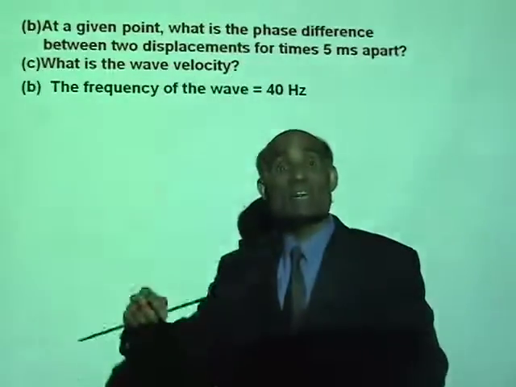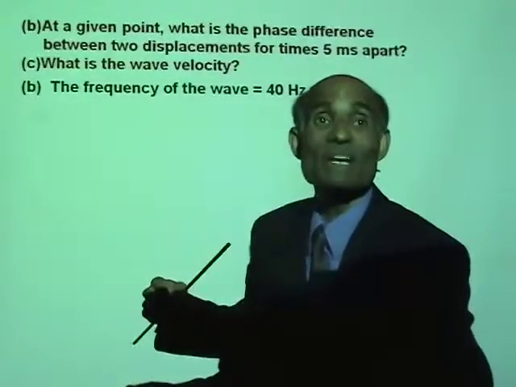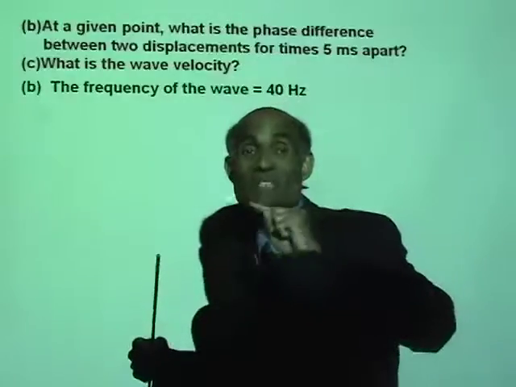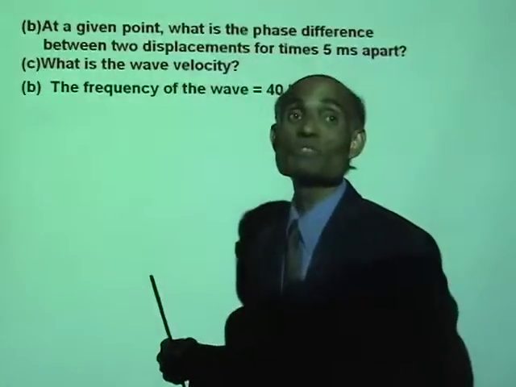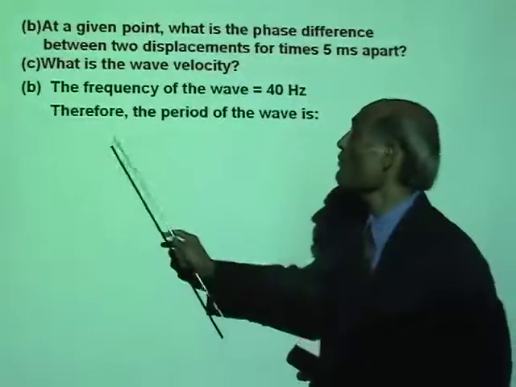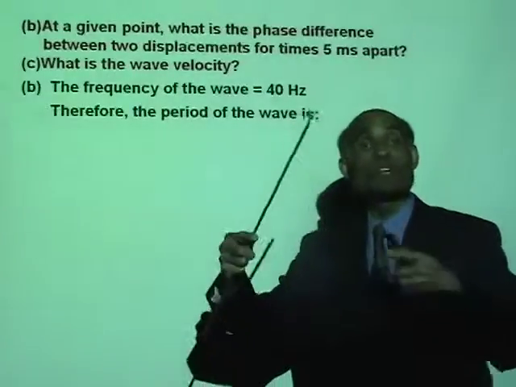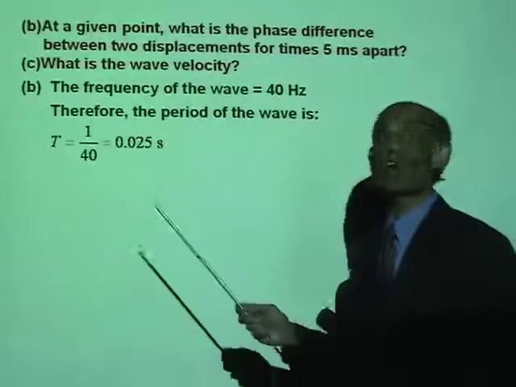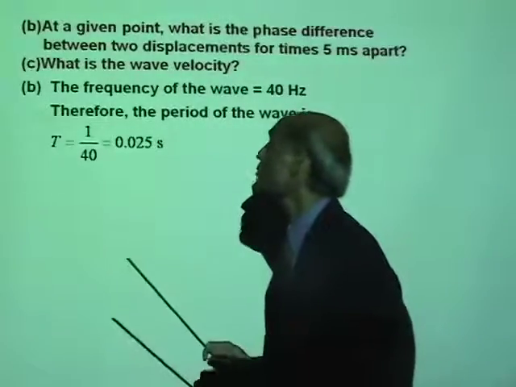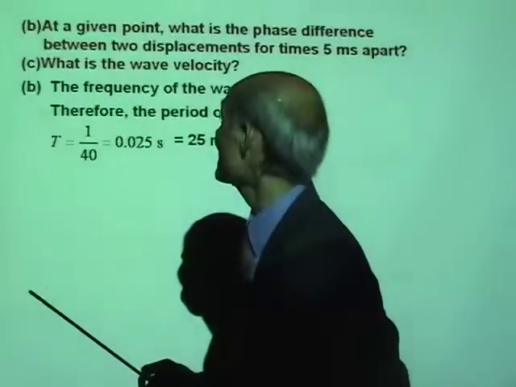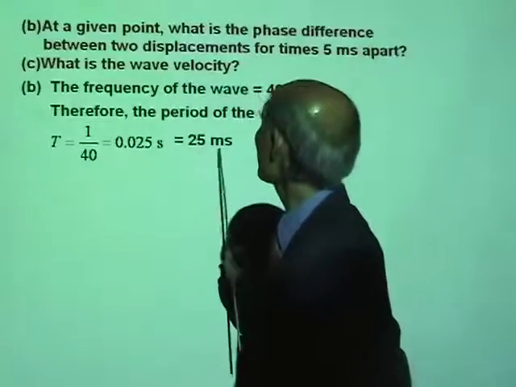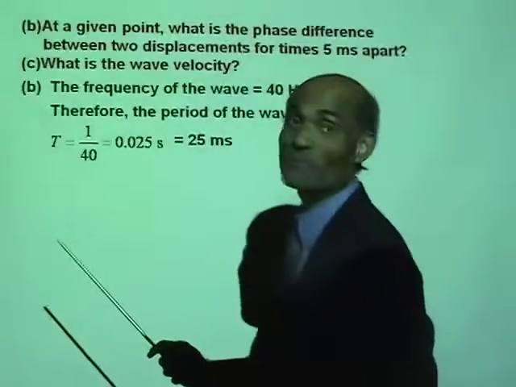In 1 second, the particle vibrates 40 times. That is the meaning of the frequency being 40 Hertz. Therefore, what is the period of the wave? The period is 1 over 40 of a second, 0.025 second, which is 25 milliseconds.